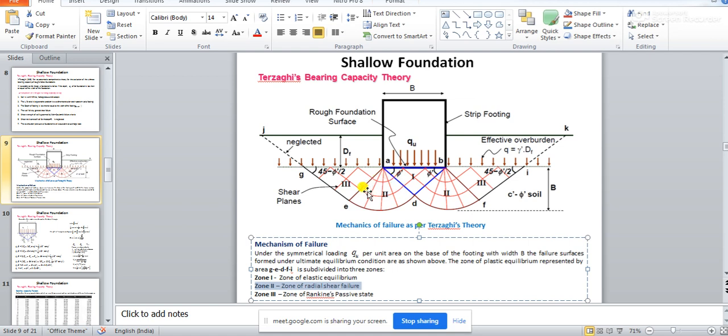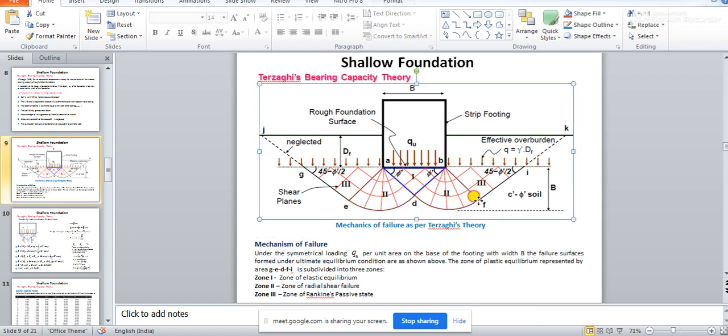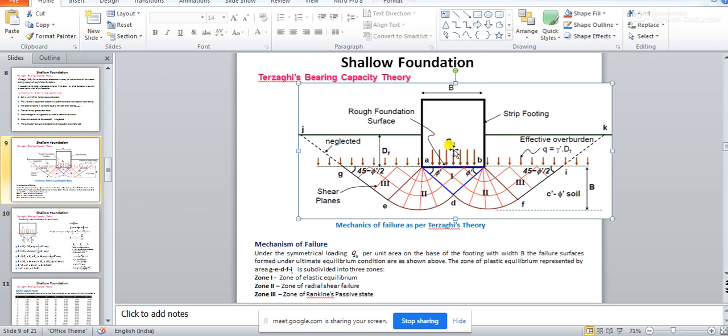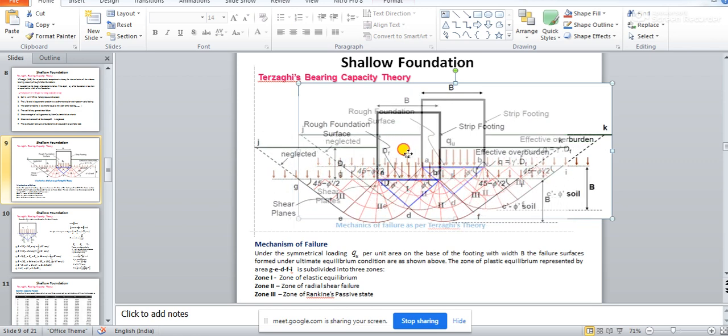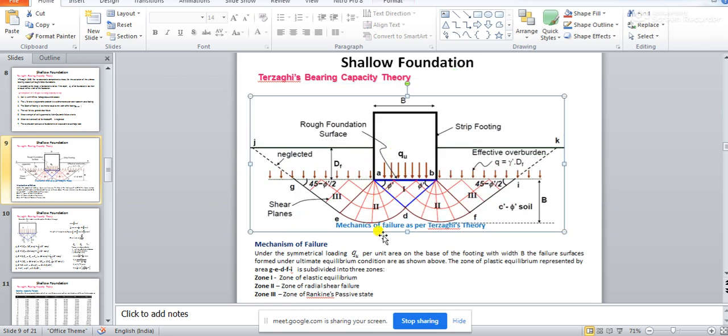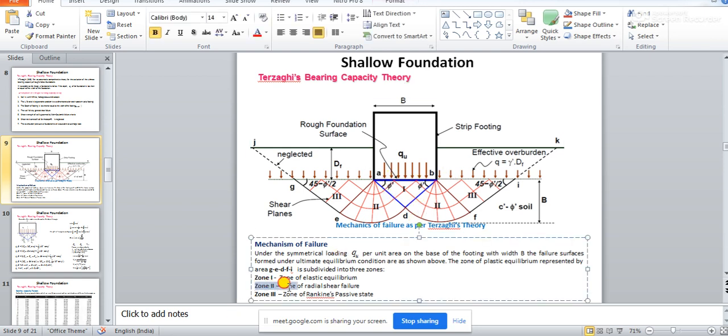So these radial pressures, the zone, you see, it is a kind of spiral shaped zone. Some kind of spiral it is forming. So in this spiral shaped zone, just by the two sides of zone 1 or zone of elastic equilibrium, it will be called the zone of radial shear failure.